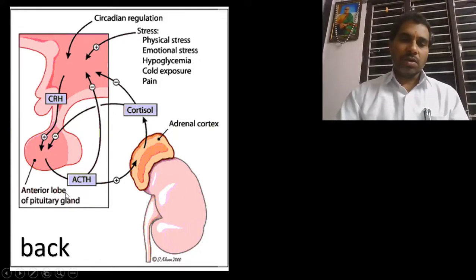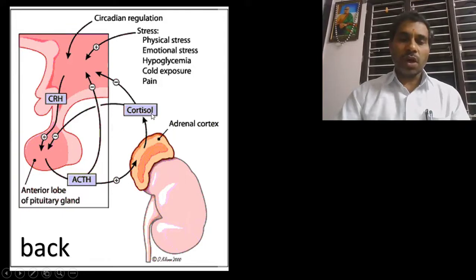But the hormone ACTH stimulates the cortex region, where different types of cells are present, called corticotrophic cells, and these cells are stimulated by ACTH to secrete the hormone cortisol. This cortisol has a negative effect on the anterior pituitary.